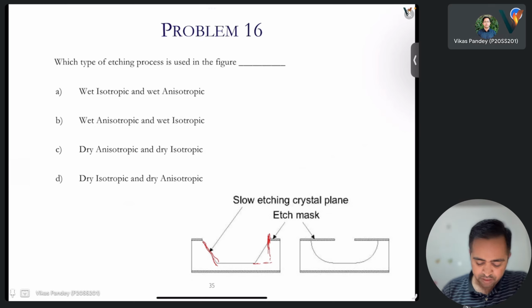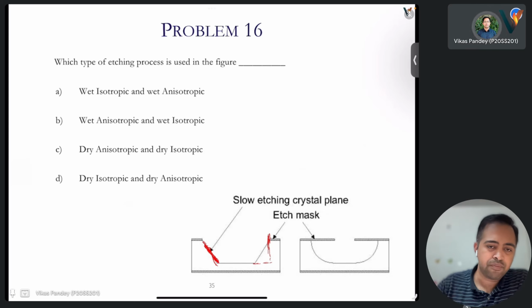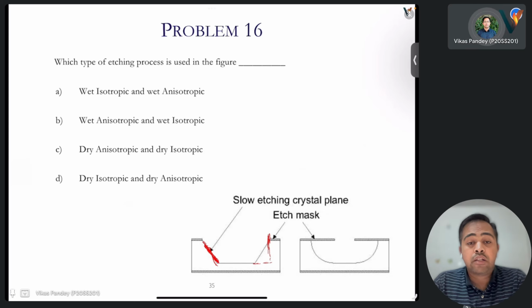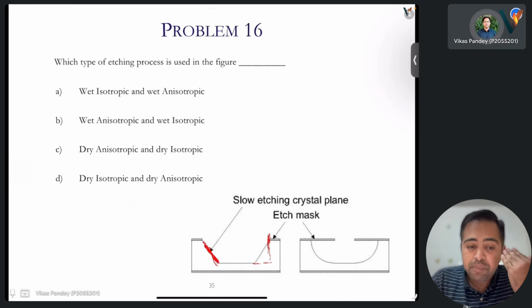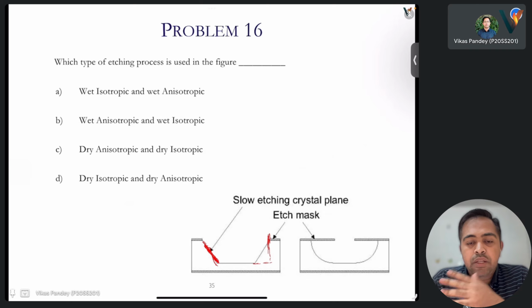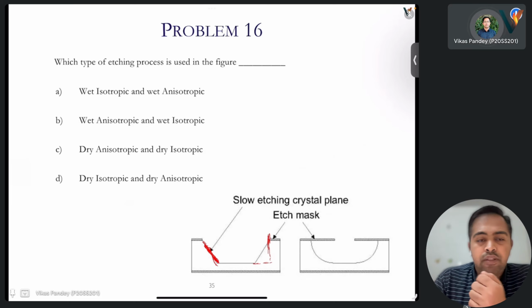But remember, we discussed this in the previous week many times, that a plane can also work as an etch stop plane. So here, when the etching occurs, it is being stopped by this plane. It could be 111, 110, depending on the material as well as the etching.